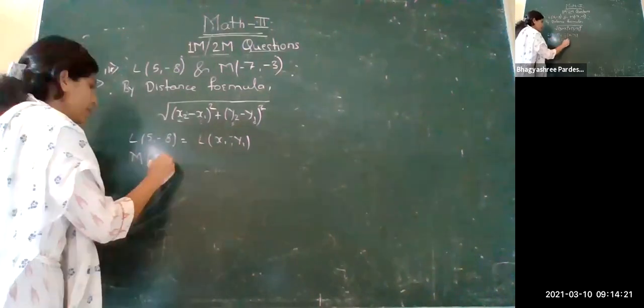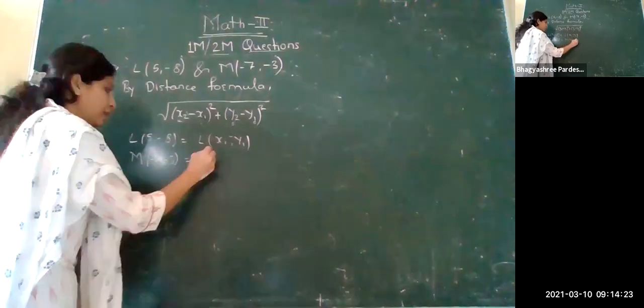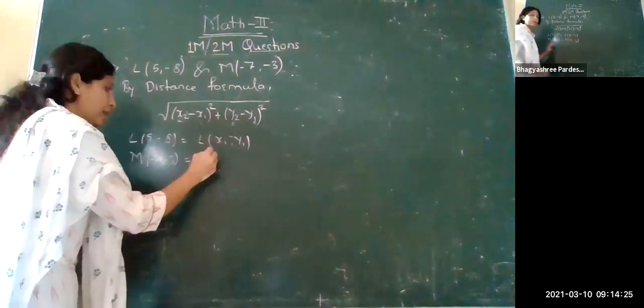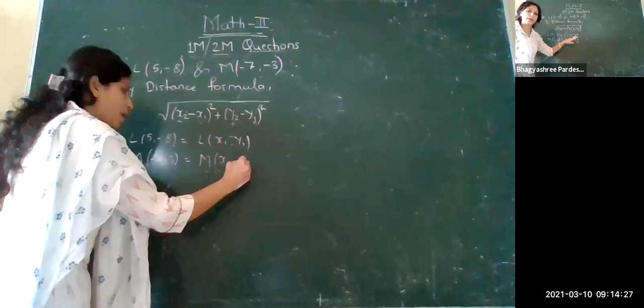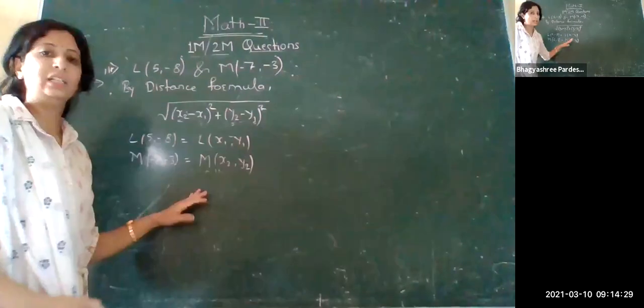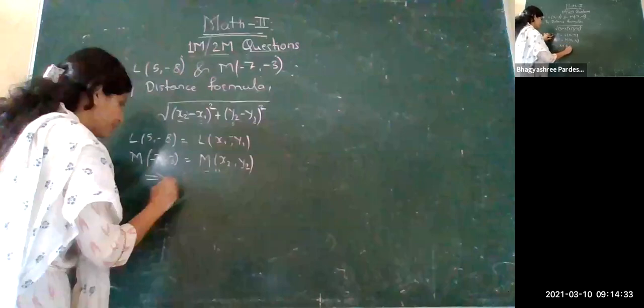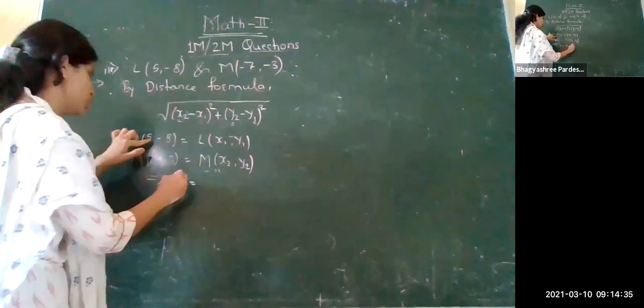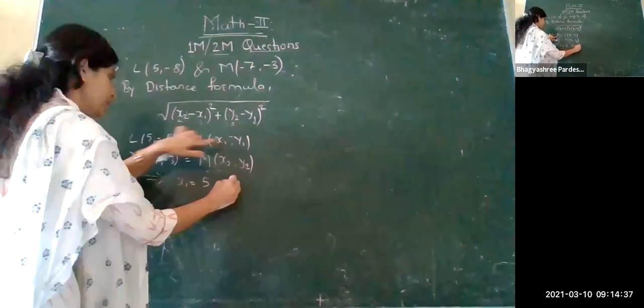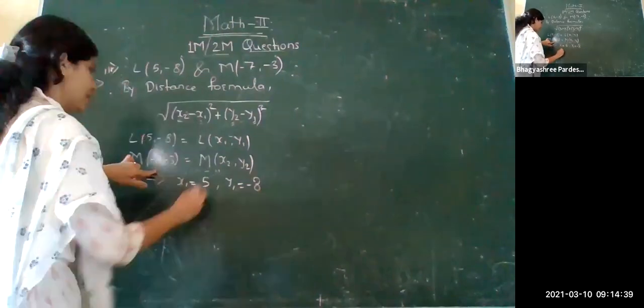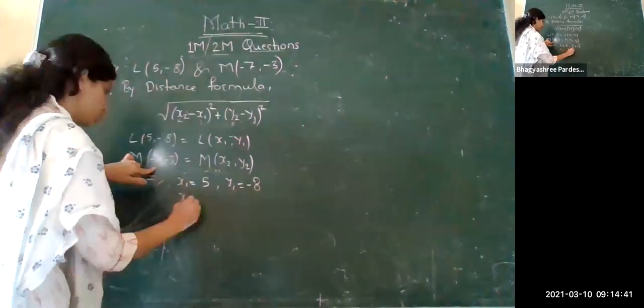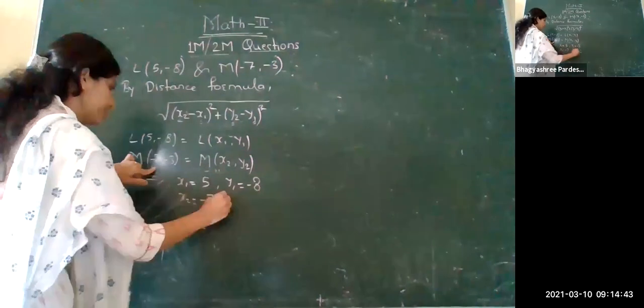So this can be written as M, x2 comma y2. So accordingly, I have the values: x1 is equal to 5 and y1 is equal to -8. Then my x2 is equal to -7 and my y2 is equal to -3. Now all the four values we have.